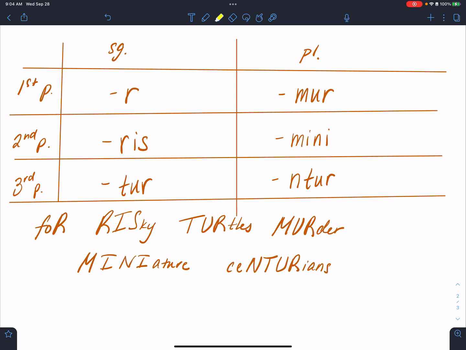If you notice, in each of those words we've got our endings, which I've capitalized for you, in the order that they go.